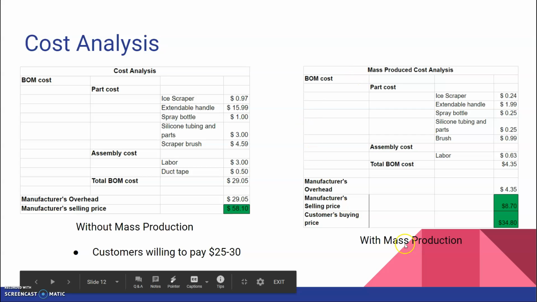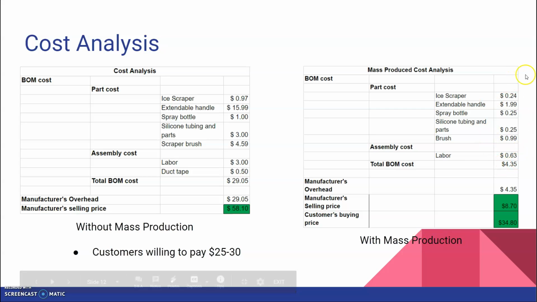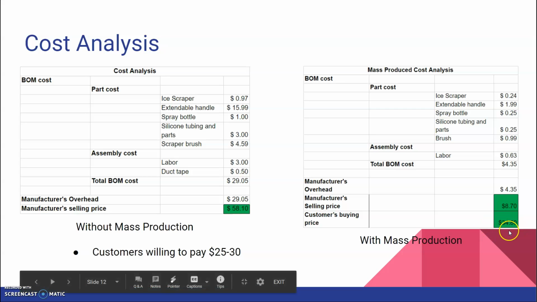So we also did an analysis with taking mass production into account. And by estimating the prices that we would be able to find all of the components for, as well as assuming that we would be making the ice scraper and brush in-house, we were able to reduce the cost to a manufacturer's overhead of about $4, with manufacturer selling price of a little bit under $10, and customer actual selling price of just under $35.